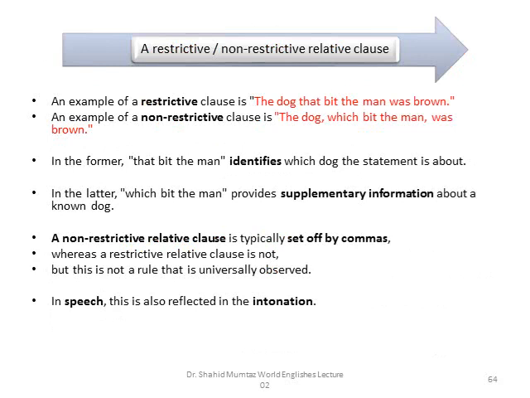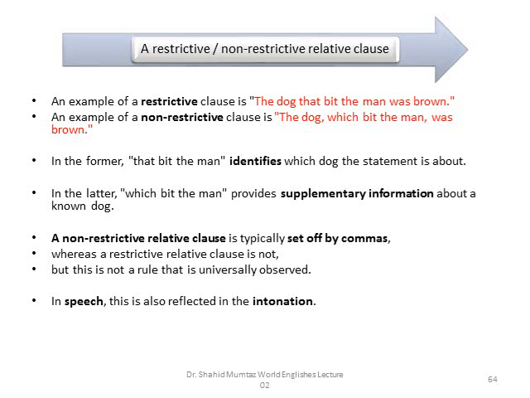For example, we have here two examples. The first one is: the dog that bit the man was brown, and the second one: the dog, which bit the man, was brown. We have the same words but just a punctuation difference, which changes their status, making one of them restrictive and the other non-restrictive. In the first one, that bit the man identifies which dog the statement is about.